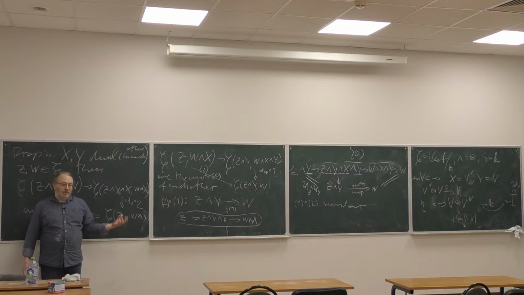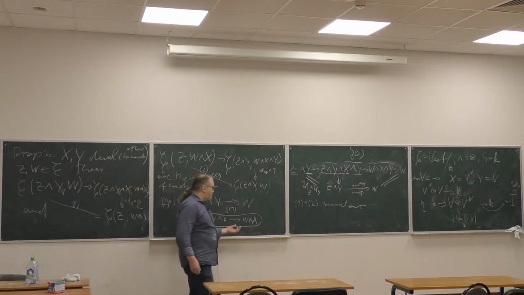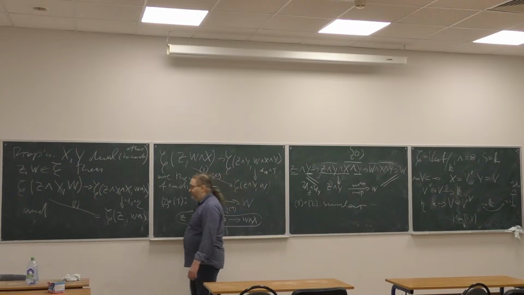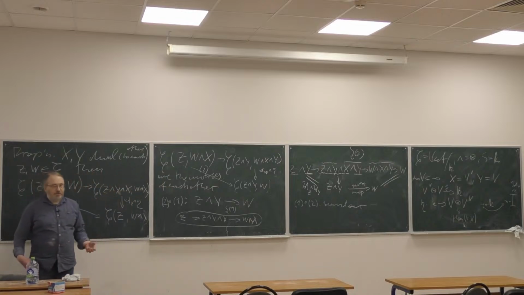And for non-symmetric categories, basically there are two notions of duality, and they're not the same. But it doesn't matter. We're not interested. We only want to know what happens for symmetric monoidal categories.